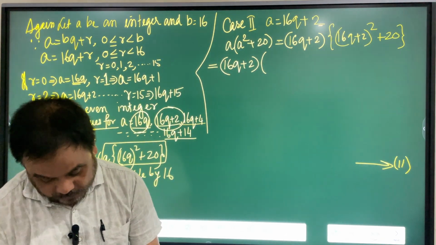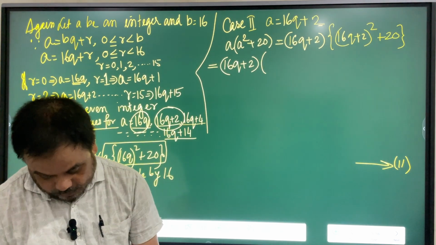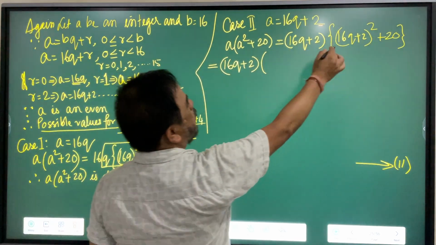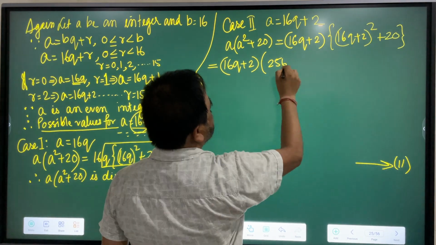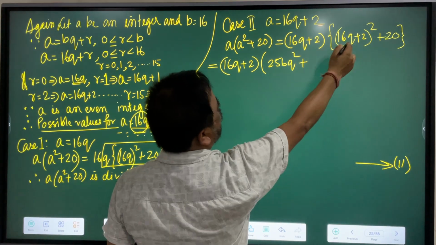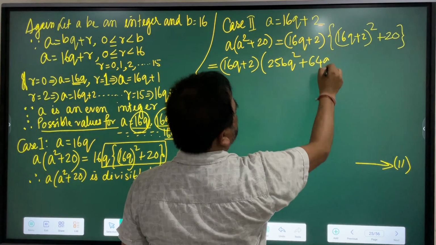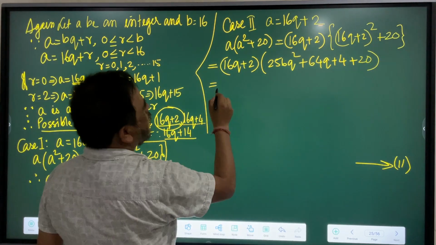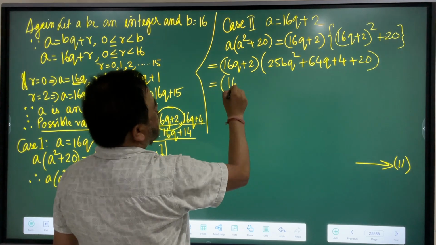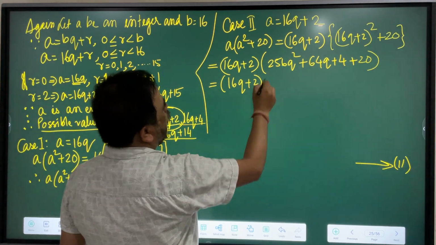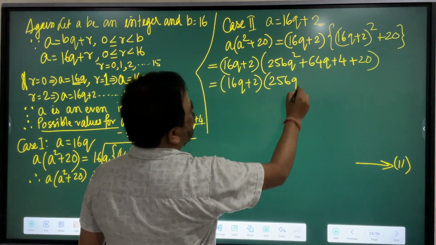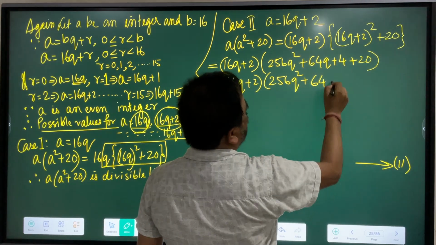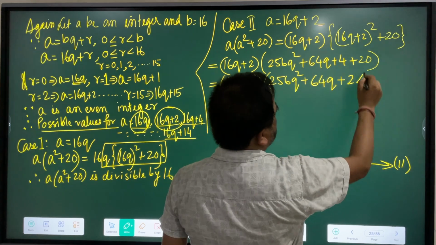This calculation I have already done here, so let us see. Using the (a + b) whole square formula: 256q² + 64q + 4 + 20. So (16q + 2)(256q² + 64q + 24).